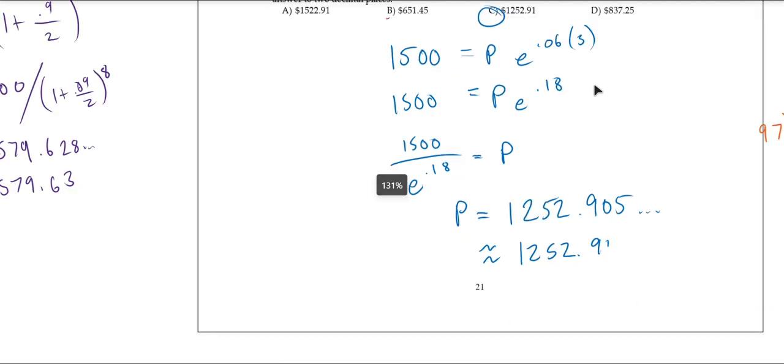So we're going to solve for P by evaluating this exponent: 0.06 times 3 is 0.18. And then if we just divide that to the other side, we have 1,500 divided by e to the power of 0.18 is our P. Evaluating that in the calculator, we get 1,252.91, which is answer C.